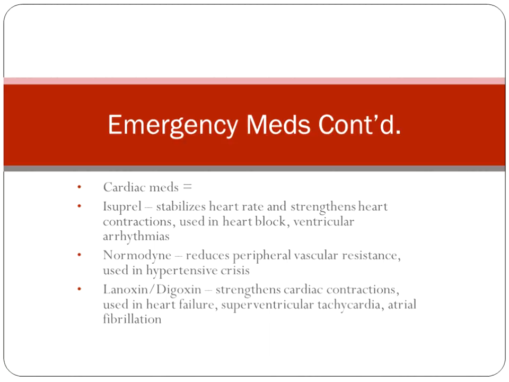And the last drug on this slide is Lanoxin or digoxin, which is used to strengthen cardiac contractions, used many times in individuals with heart failure, patients with supraventricular tachycardia or atrial fibrillation. Dig is used frequently, taken orally by people at home.